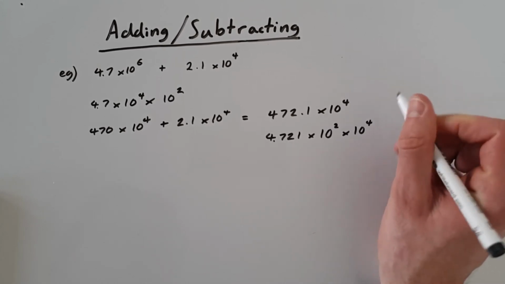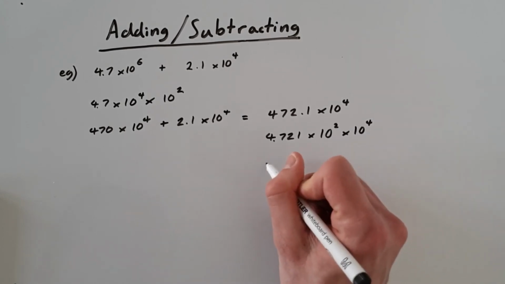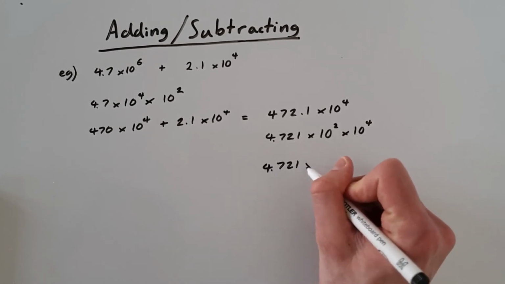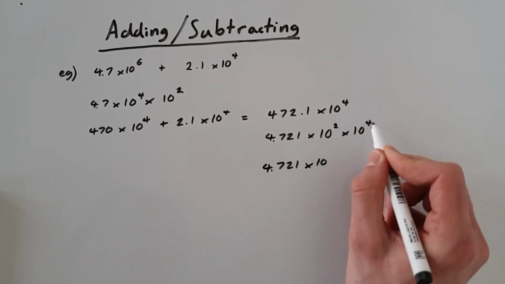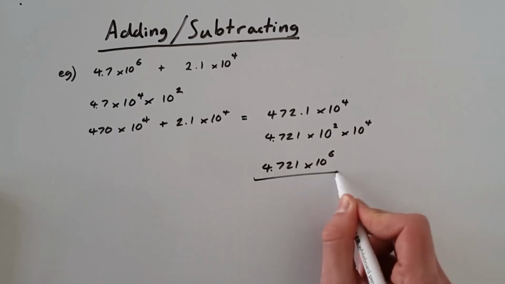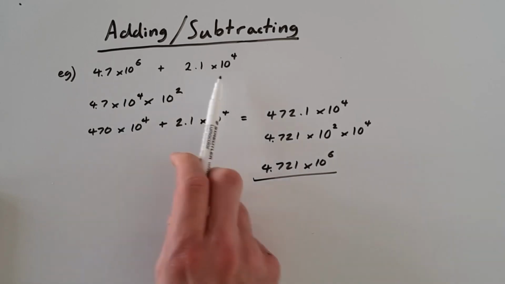Additionally, we keep our 10 to the power of 4. So in standard form, this number will become 4.721 times 10, 2 plus 4 is 6, so it's times 10 to the 6. And that is the number when we add together these two.